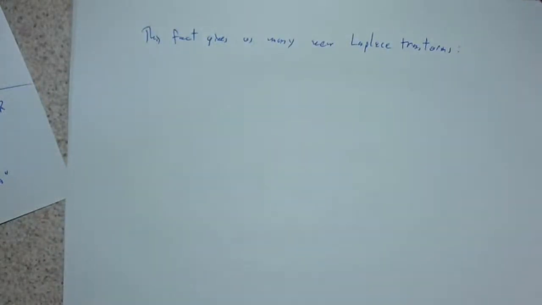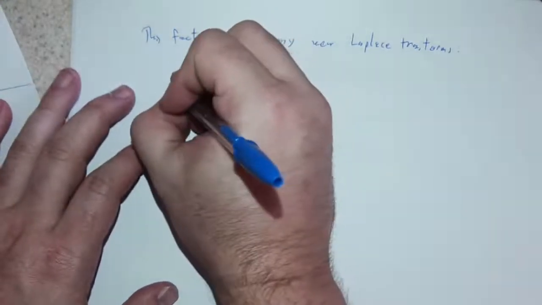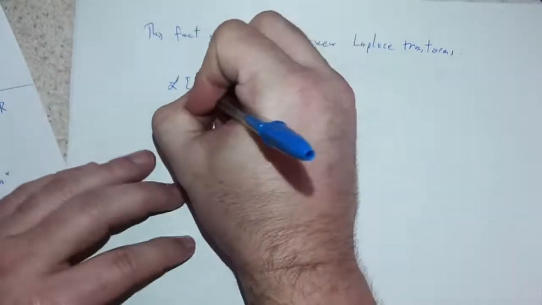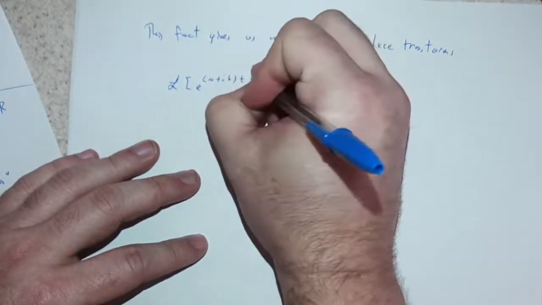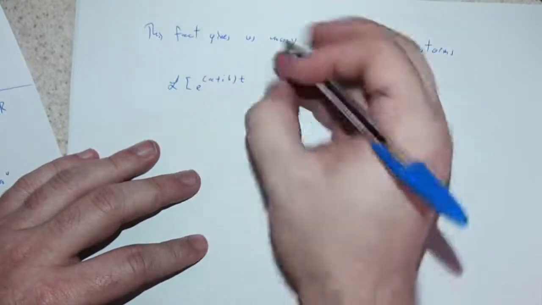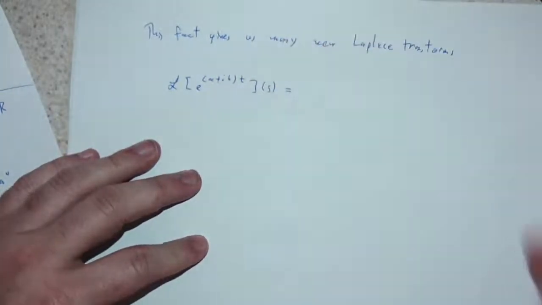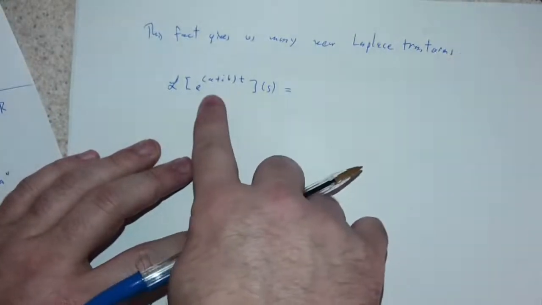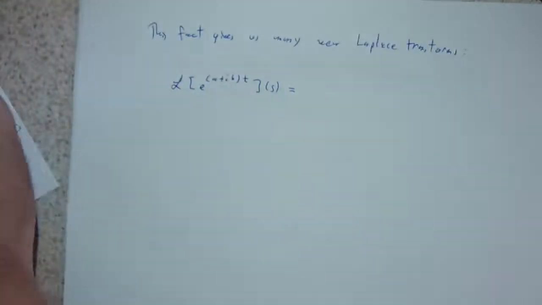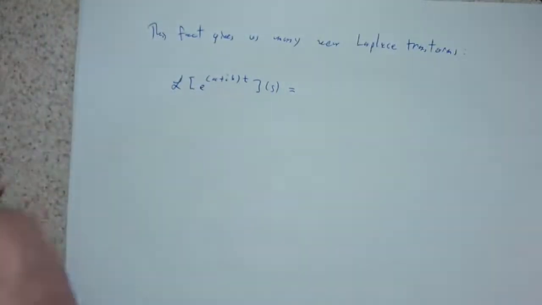Okay, so let's do some of them. For instance, if I wanted the Laplace transform of, instead of just e to the ibt, e to any complex number, e to the a plus ibt. That's e to the at times e to the ibt. So then I should just replace s with s minus a.